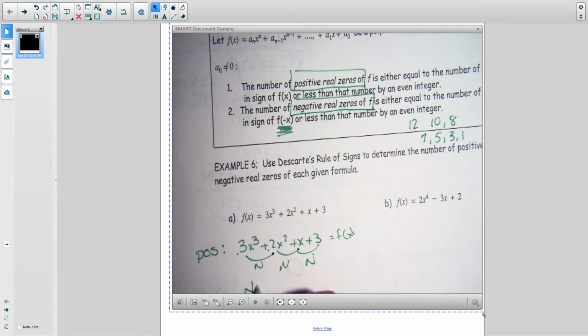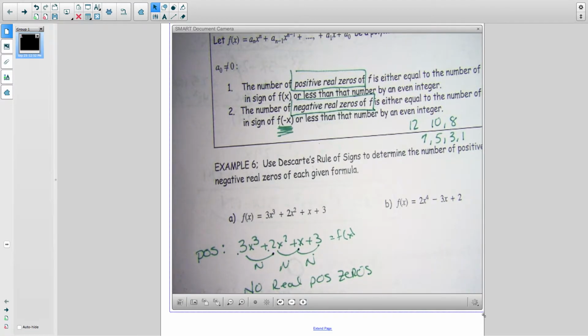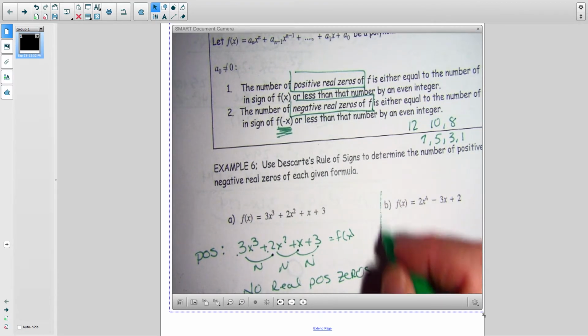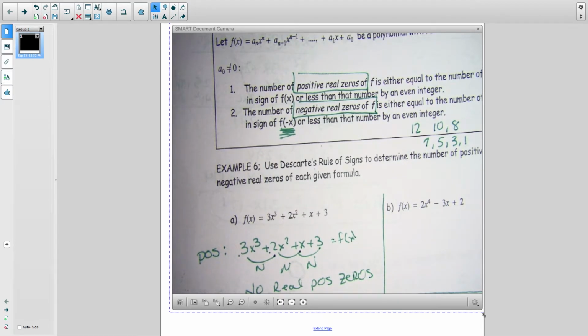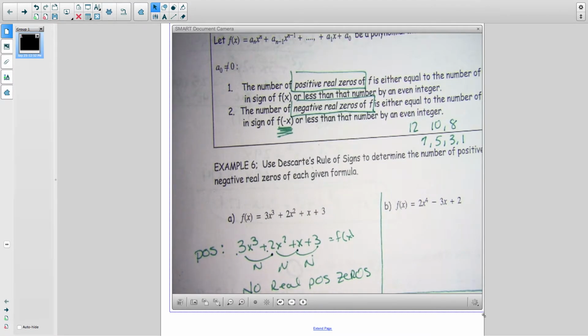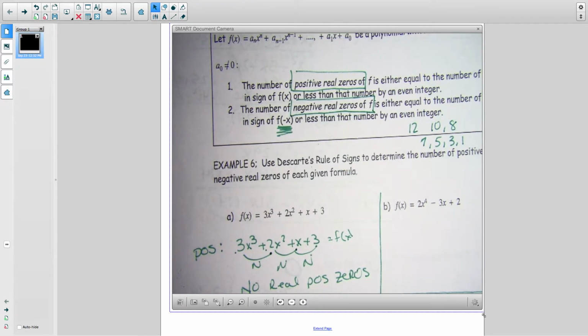No. So there are no real positive zeros. Questions on the positive for A?